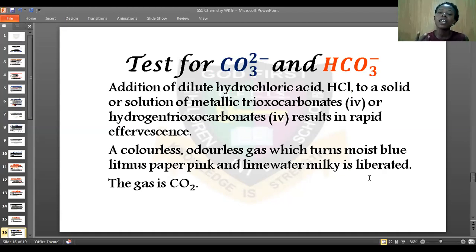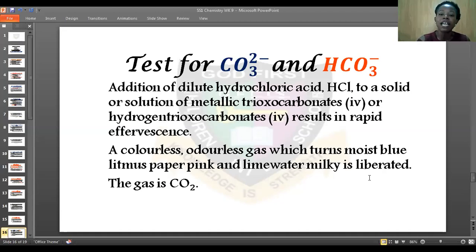Now, a colorless, odorless gas which turns moist blue litmus paper pink and lime water milky is liberated. Remember when we talked about carbon(IV) oxide, I said that the test is that it turns moist blue litmus paper pink and then lime water becomes milky.